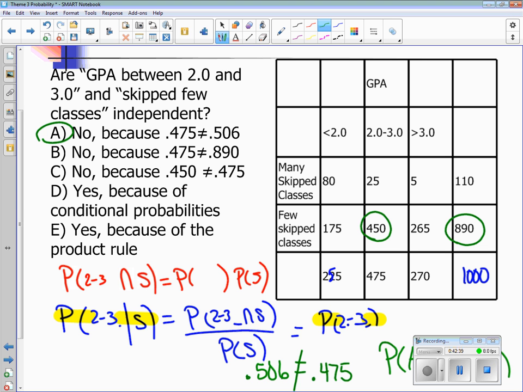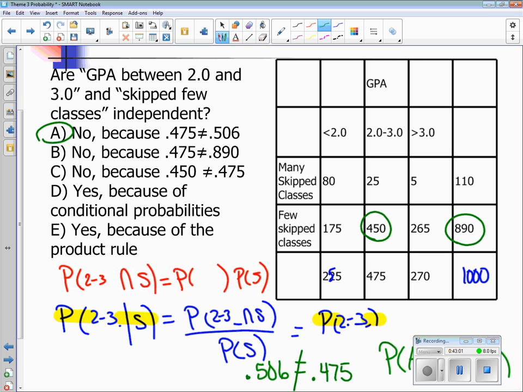I did 450 divided by 890, given that they skipped few classes, so I'm dividing by they skipped few classes. That's conditional. Yeah, we're doing independence, but I thought the over 1,000 came from that. It does.